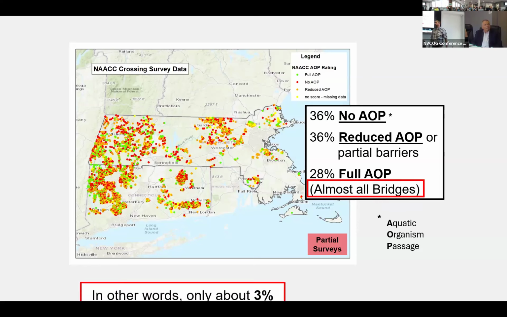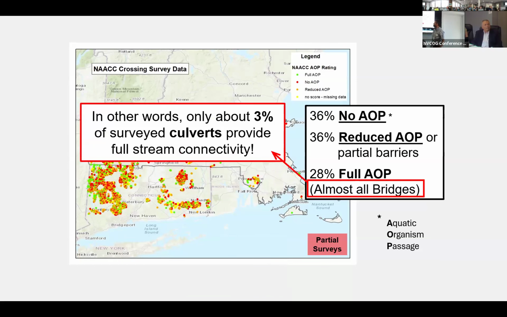So really only about 3% of the culverts actually provided AOP. So culverts are really not doing a good job of passing aquatic organisms.